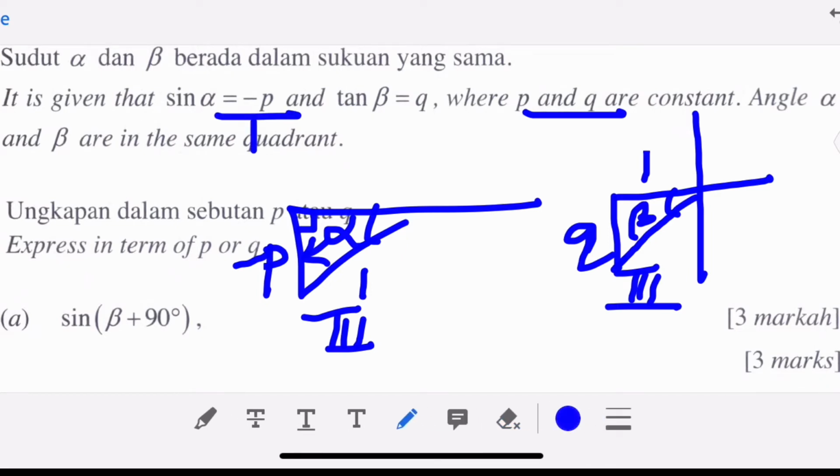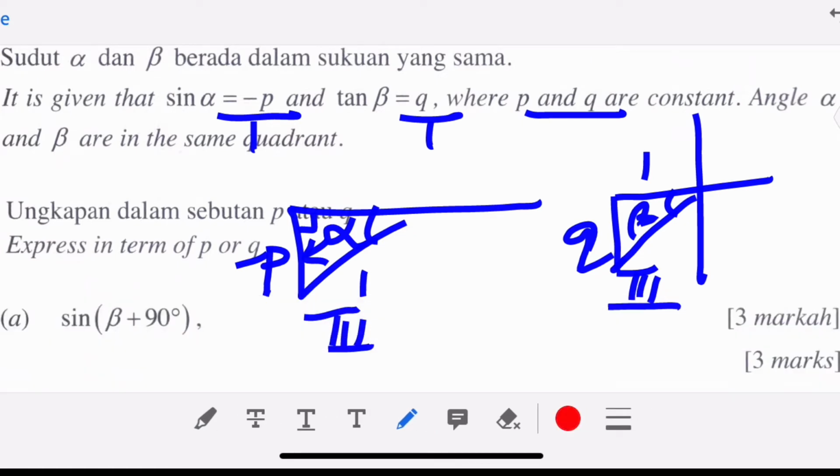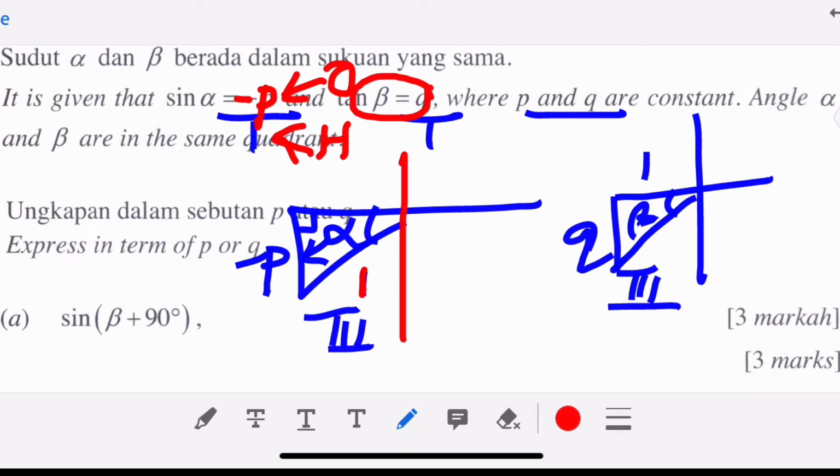Normally for trigo, we always make it a fraction so that we can read the sides. This is negative p, the opposite, and this is hypotenuse 1. And then for tangent beta is q over 1. So this is a right angle, q is the opposite, adjacent is 1, and the hypotenuse we have to find.